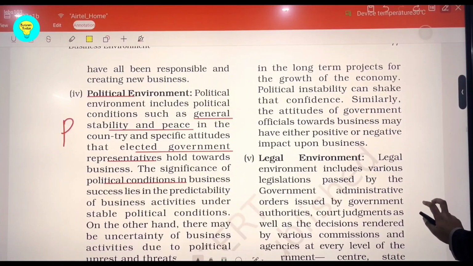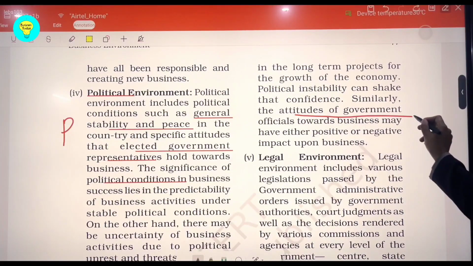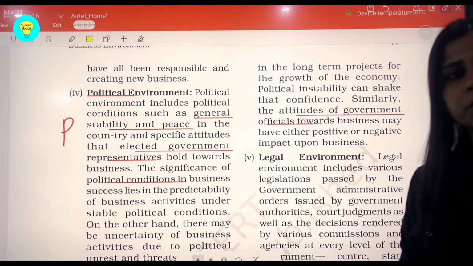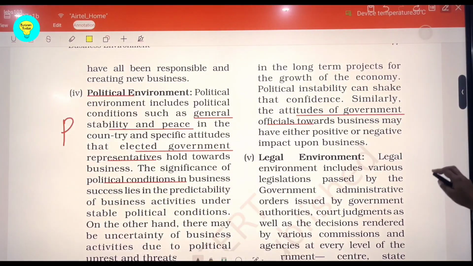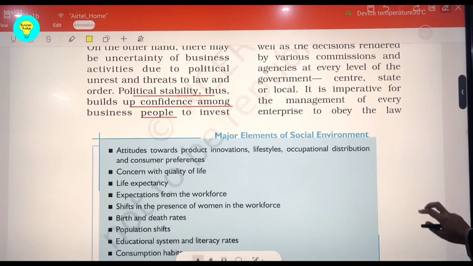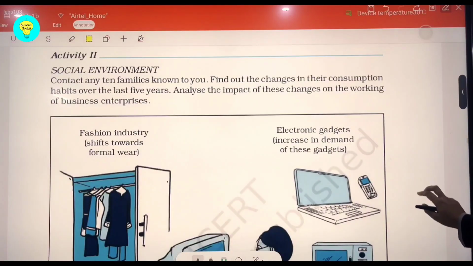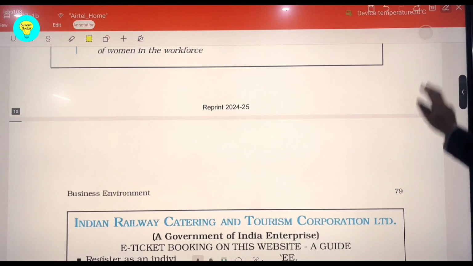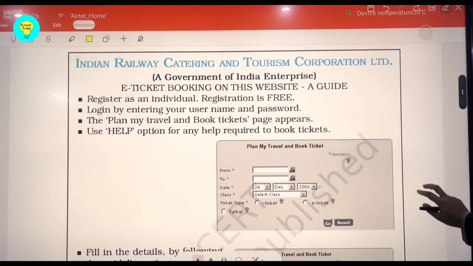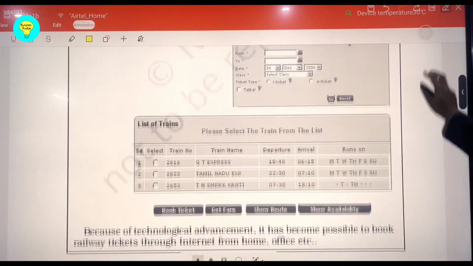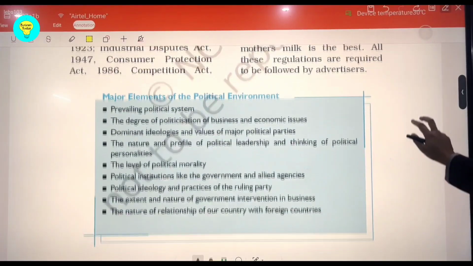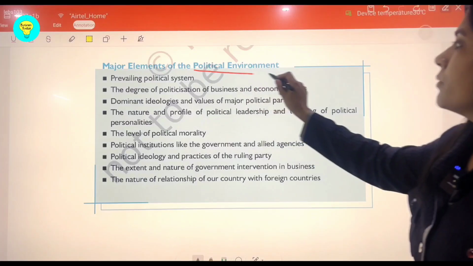It is also talking about attitudes of government officials having either positive or negative impact on the growth of the business. Government officials, we can say the bureaucrats and the other governmental machinery that is working in the environment. Apart from this, students, you must go through the boxes that have been depicted under various sections of this topic to have a better understanding of the environmental features.